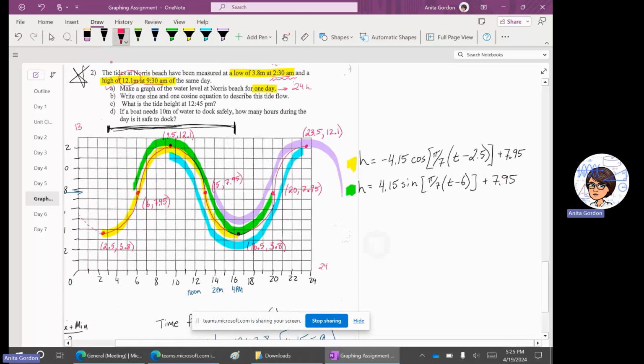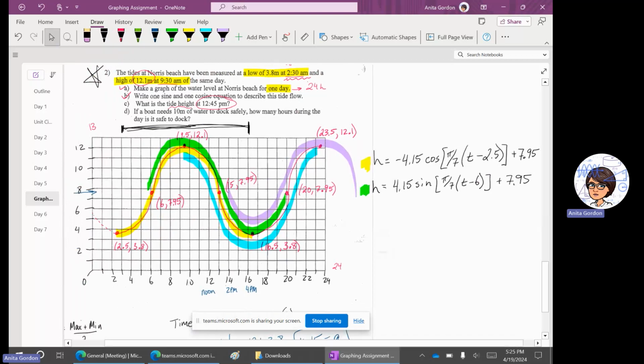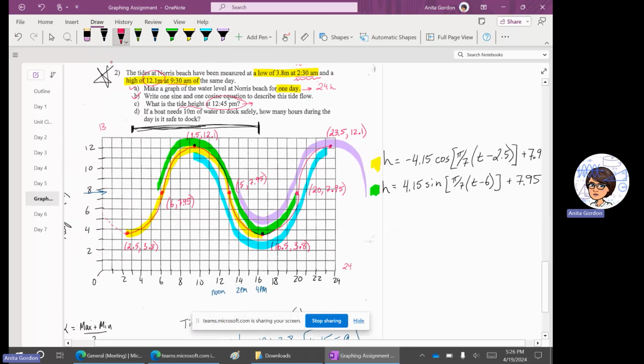Okay, part B, done. And part C: what is the tide height at 12:45 p.m.? To answer C, we have to write this time as hours after midnight.